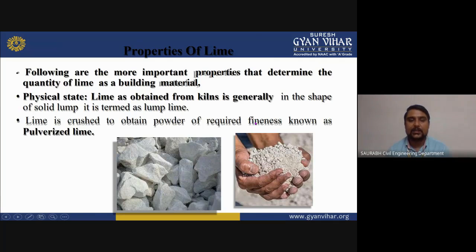Physical state: lime as obtained from the kiln is generally in the shape of solid lumps, termed as lump lime, as you can see here. Lime crushed into powder of the required fineness is known as pulverized lime. As you can see, this is your lump lime and this is your pulverized lime, and only this lime can be used in the making of mortar.